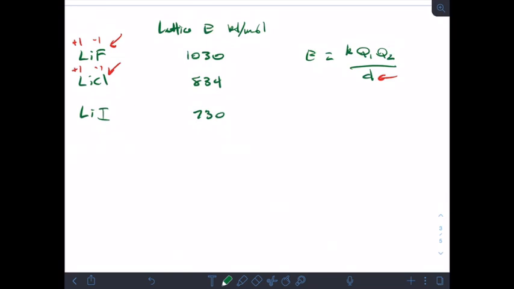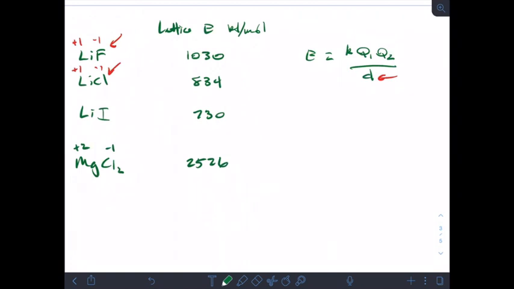Okay, so let's shift the focus a little bit and let's look at something like magnesium chloride. Okay, now I'm dealing with a +2 and a -1, right? So now I'm starting to play with charges. Okay, so watch the dramatic increase. Huge, right?